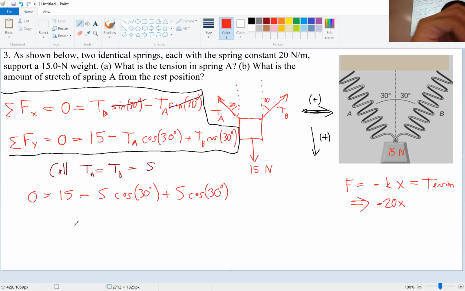S is kind of a poor choice. Pick a letter. C, because I don't want S because it looks like a 5. We'll just do C.